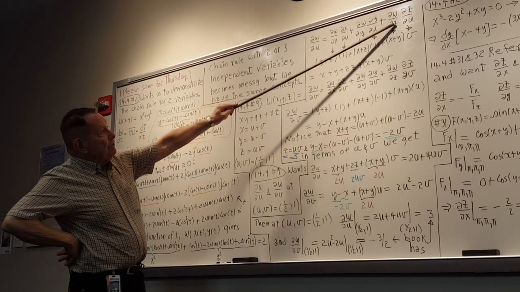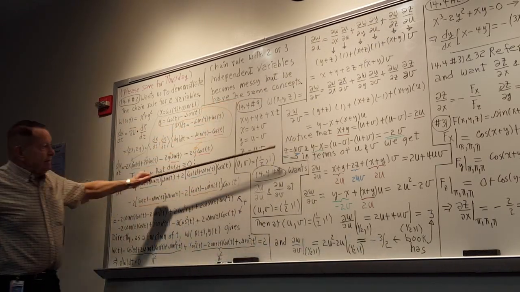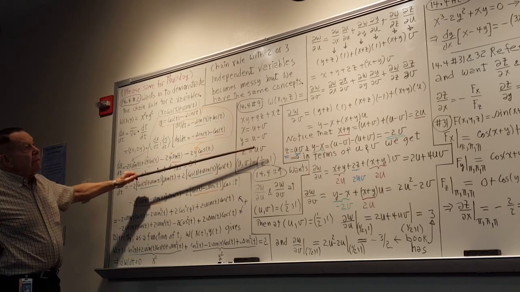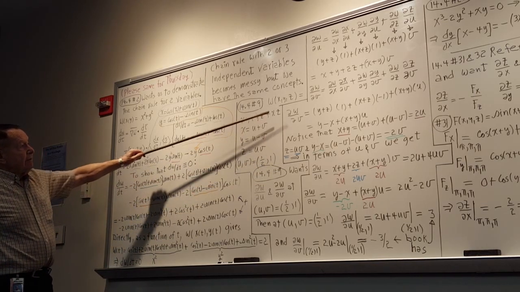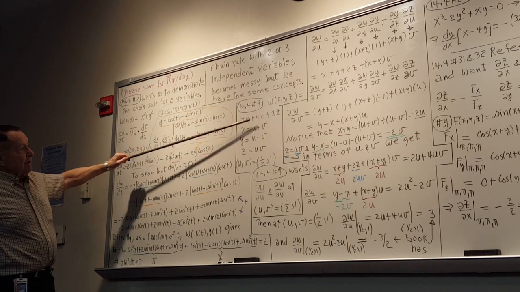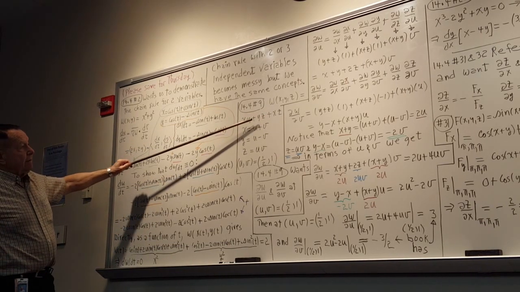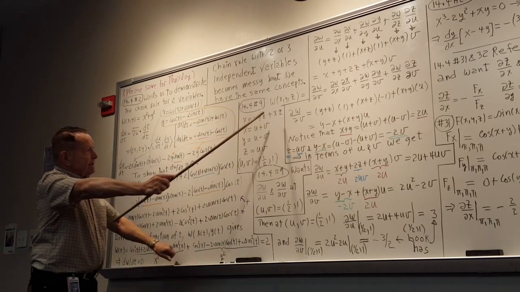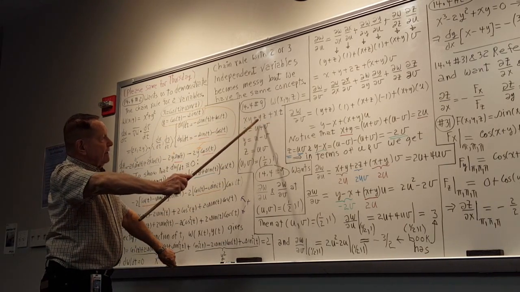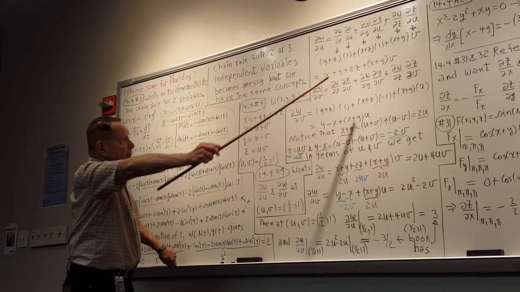Then my partial W with Z would be, let's see, I'd get an X from here and I'd get a Y from there.